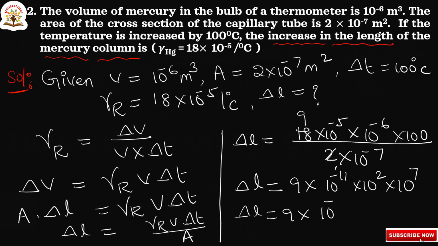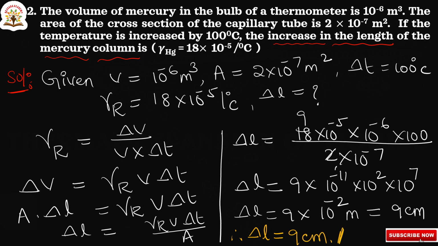So it becomes 10 to the power of minus 2 meters. In terms of centimeters, 9 centimeters. Okay. Therefore, final answer: increase in length is equal to, in terms of meters, 9 into 10 to the power of minus 2, in terms of centimeters, 9 centimeters.